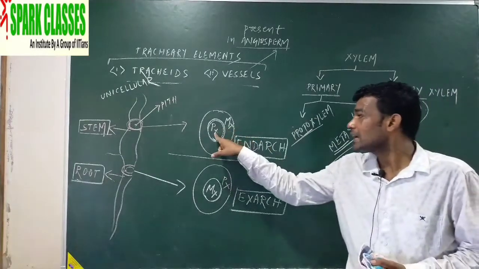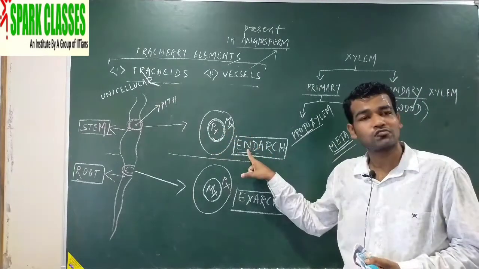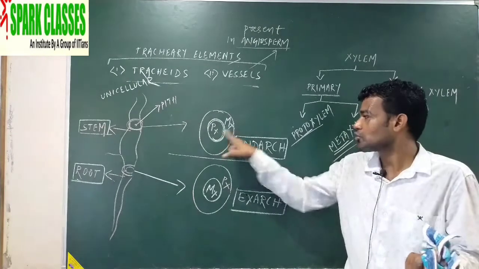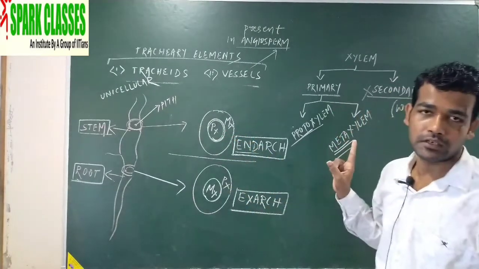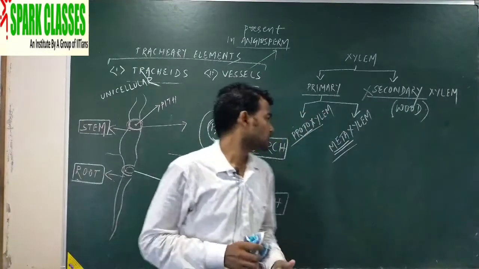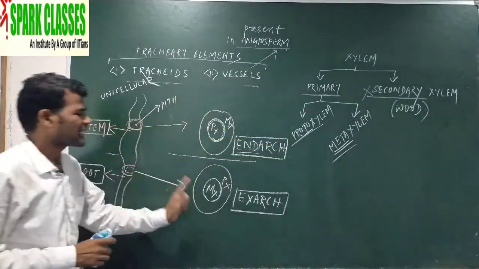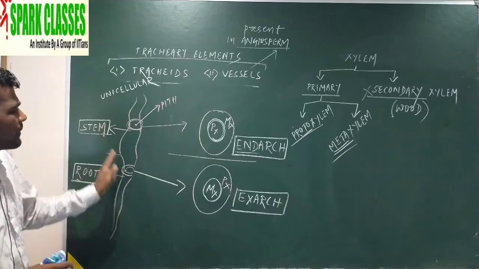When protoxylem is present inside, that is endarch, just like endosmosis. When protoxylem is outside, that is exarch. Clear? So this is all about endarch and exarch condition in case of stem and root.